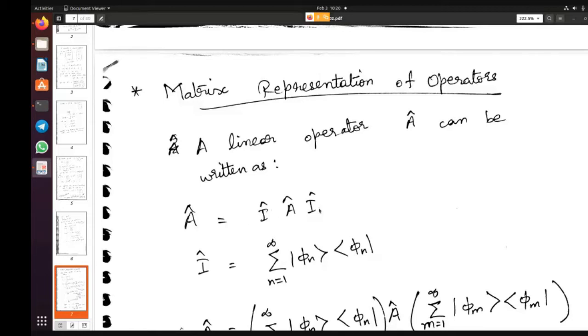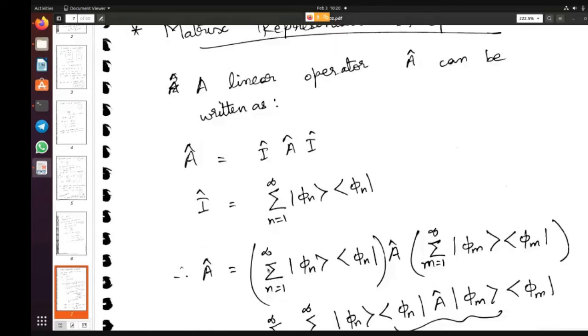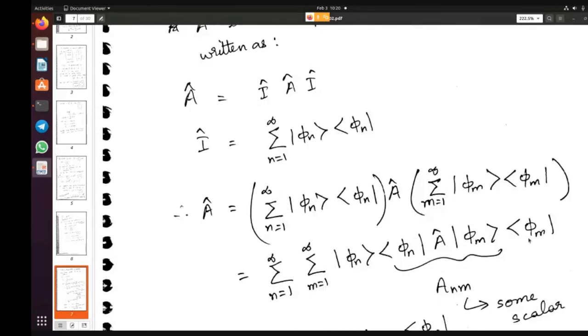So what you can do is multiply operator A with I on both sides. That is what we are doing here. We multiply with I and with I here. So this is I, A, and this is I. Now you take all the summations to one side, to the left.